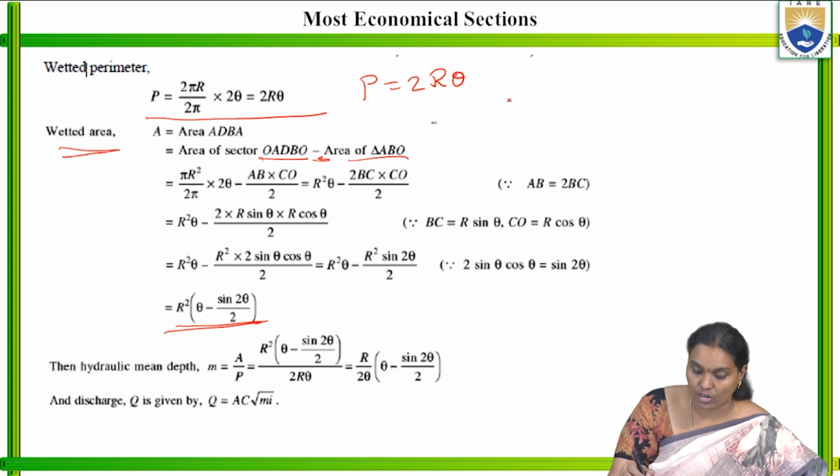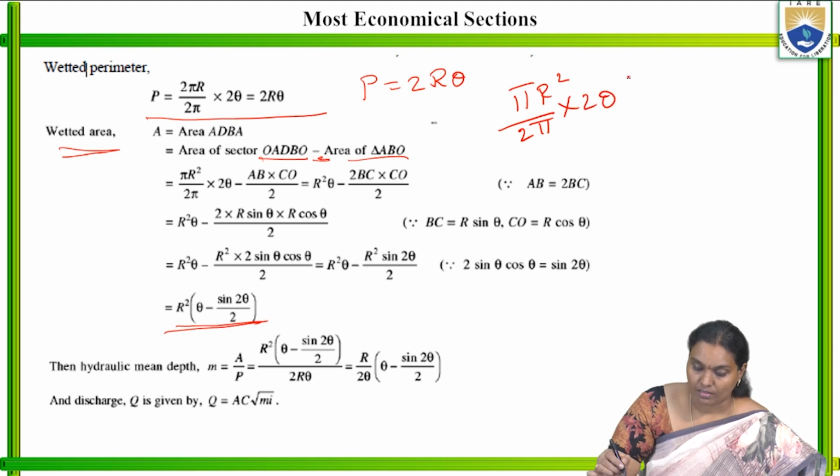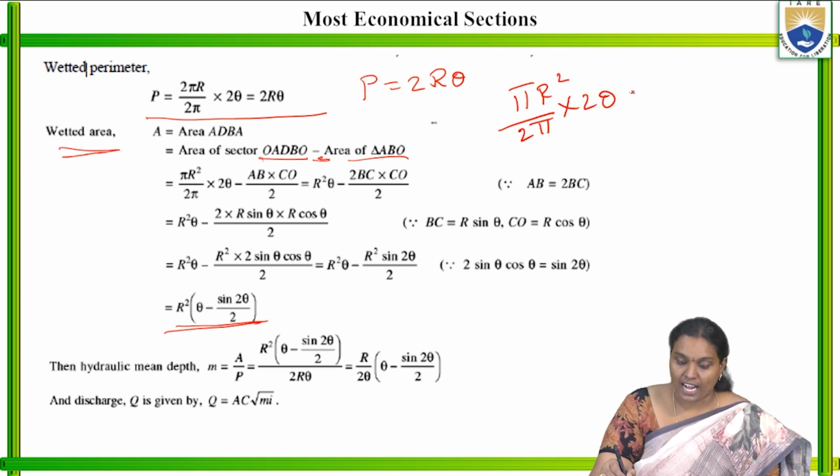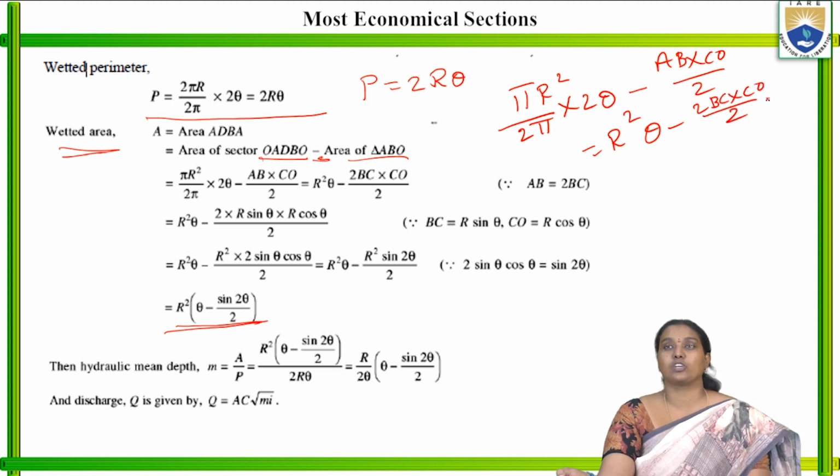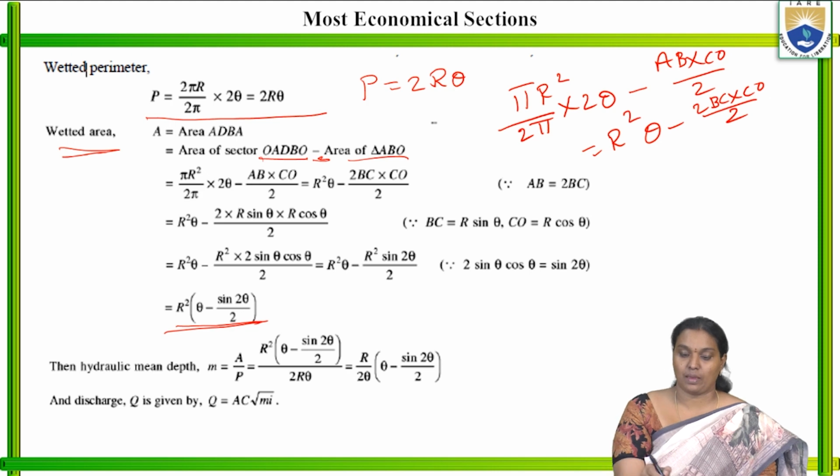The calculations: the area of the sector is equal to pi r square by 2 pi multiplied by 2 theta. The area of triangle is AB into CO by 2, so the area is r square theta minus 2 BC into CO by 2, because AB is equal to 2 BC.